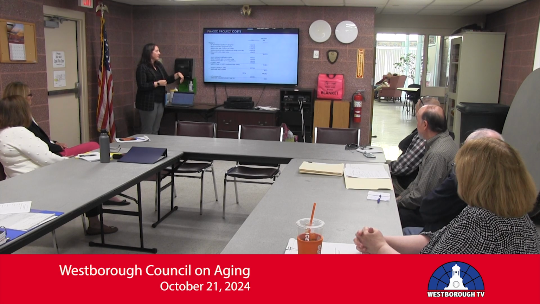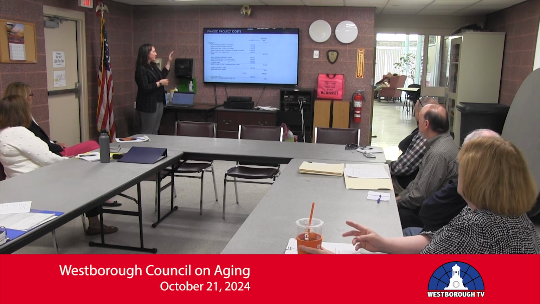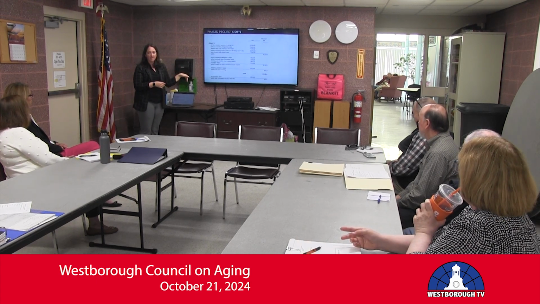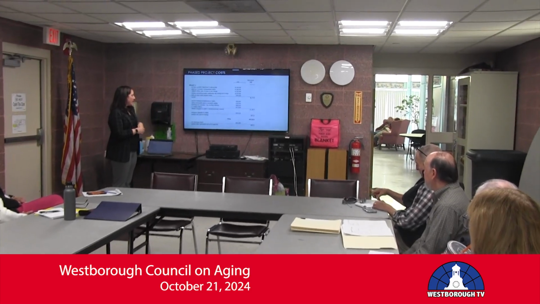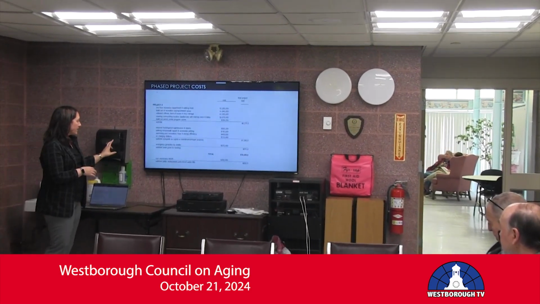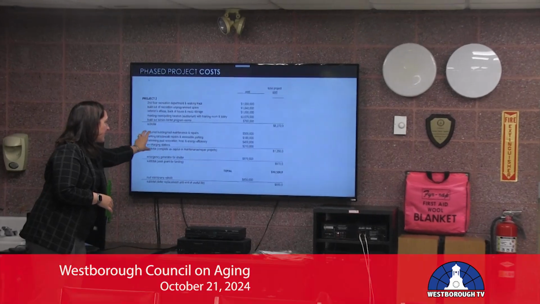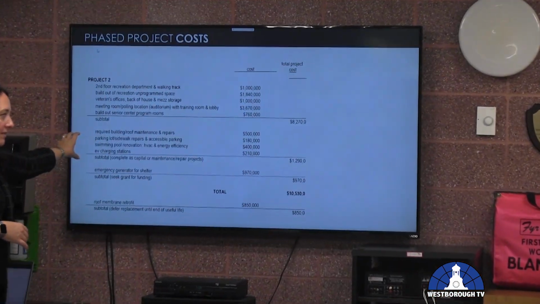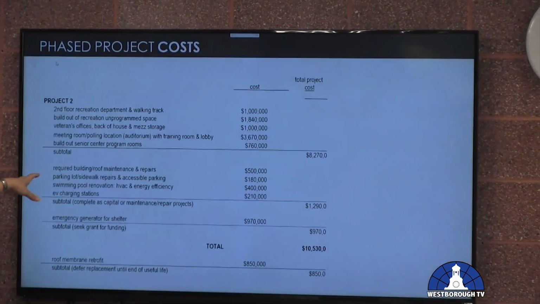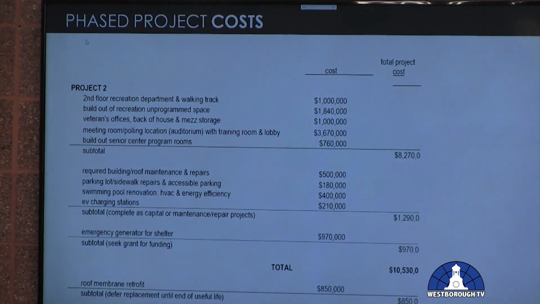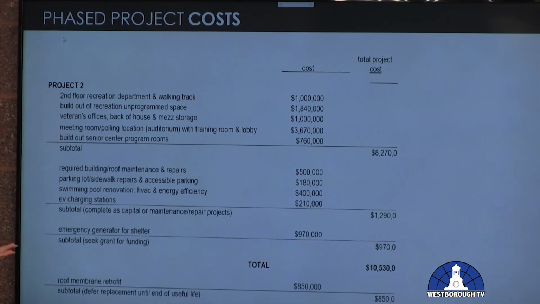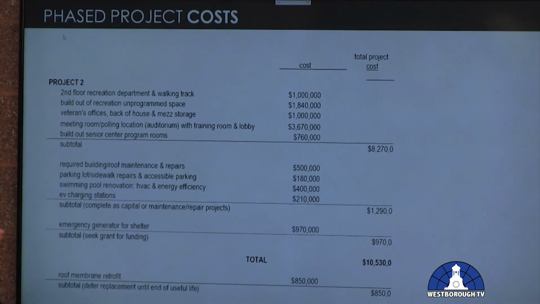This is the future phase, so it's shown as project 2. It doesn't mean it all has to happen at once, but this is breaking out all of the other things that I showed for the future. One of the things I really want to point to is this second section here, the 1.2 million or 1.29 million. These are what we would typically consider a capital project.